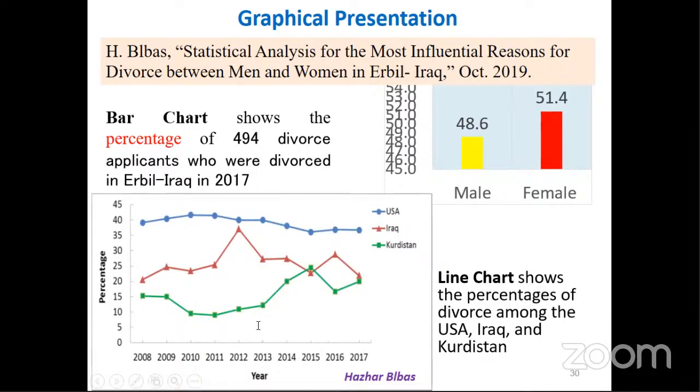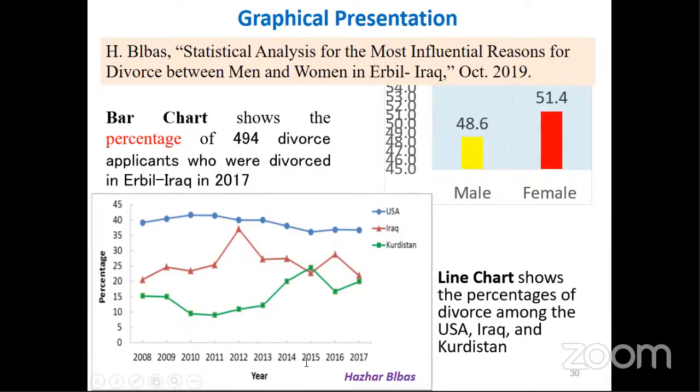If I talk a little bit about Kurdistan, if you look here, from the beginning year 2008, the percentage is stable from 2008 till 2009, and then declines, and then is a little bit stable. If you look from 2013 till 2015, there is a gradual increase in the percentage of divorce.